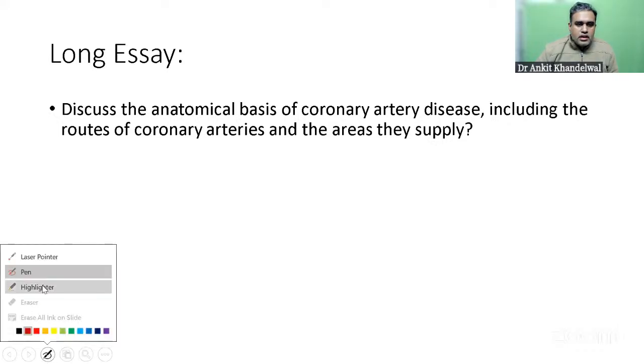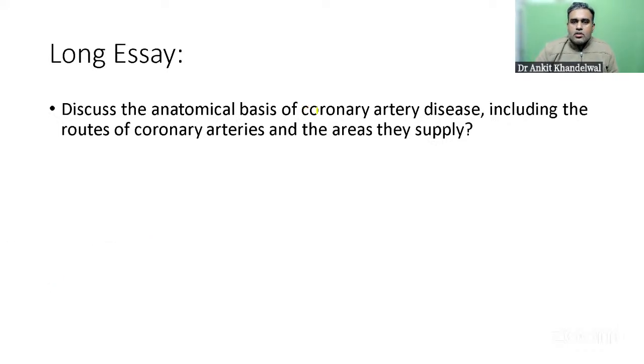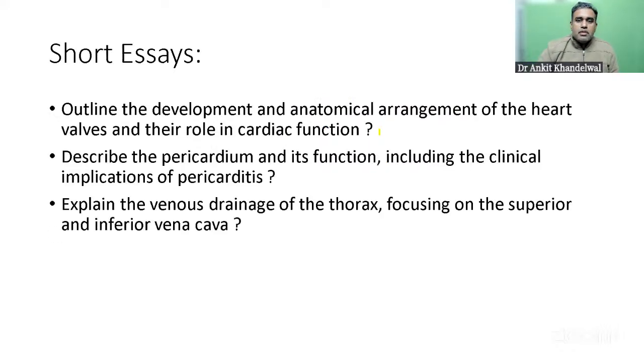As already told you guys, the coronary artery disease, that is obviously heart attacks, angina pectoris, myocardial infarction, all that is related to the blood supply of the heart. So that we'll see today. Plus obviously the outline and arrangement of the heart and the heart walls, and a bit of the pericardium including pericarditis, and also the venous drainage of the thorax.